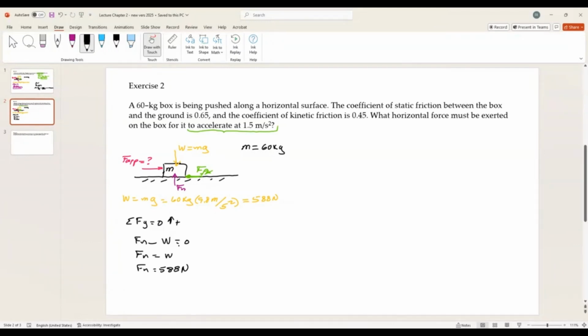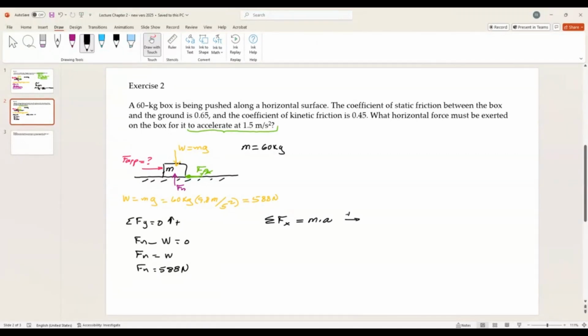Now, we know that there is an acceleration, and we have two forces that are horizontal. So we make a sum of the forces in x. And this sum of forces in x is equal to mass times acceleration.